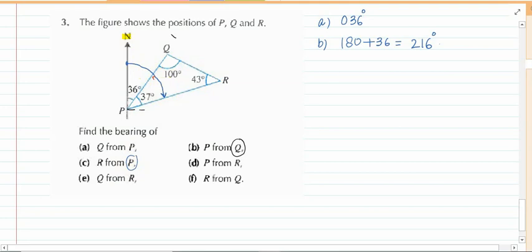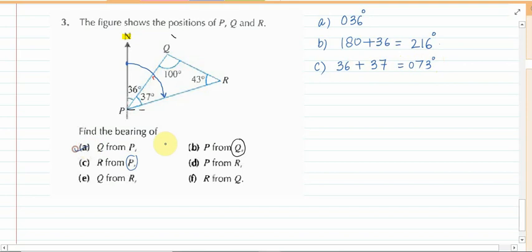So the angle I had covered in part C, 36 and 37. So I need to add these two angles. So I think it will be 73. 36 plus 37. Yes, 73, right? So we need to add 0 in the beginning. It's 2 digits, so we have to make it 3.